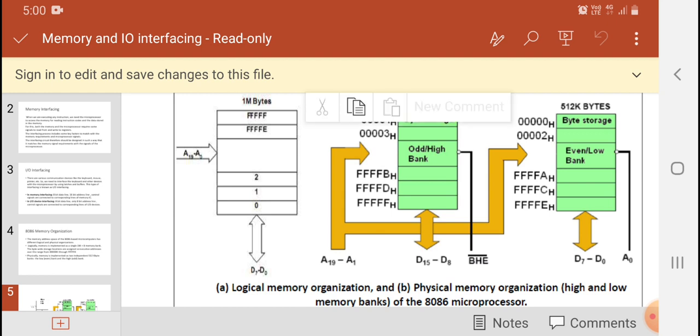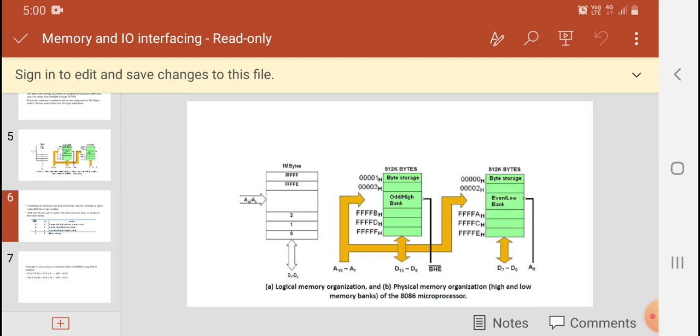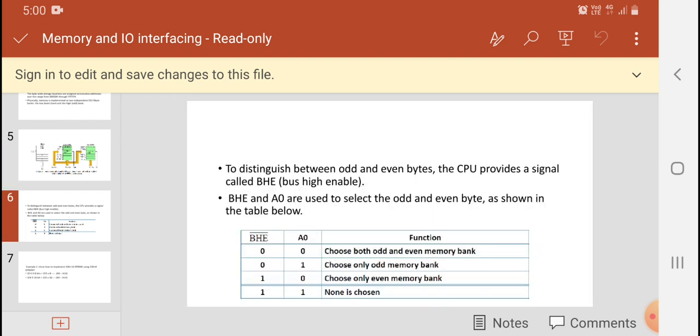You can see a very important signal called BHE. BHE stands for bus high enable. That bus high enable determines which bank you are accessing. So, if BHE is 0 and A0 is 0, where A0 is nothing but the last bit of your address line, then you can choose the entire register, odd and also even.